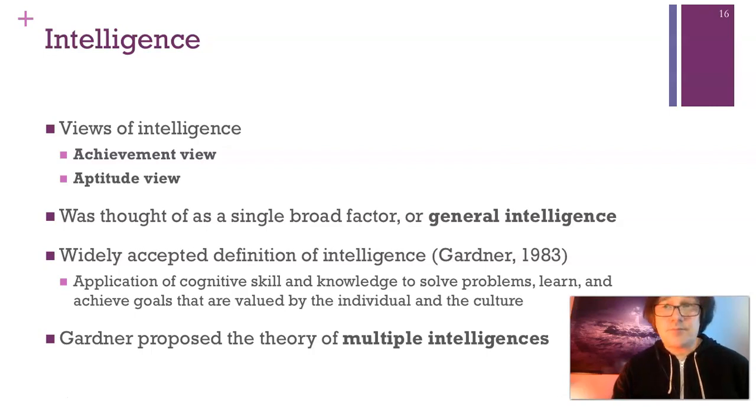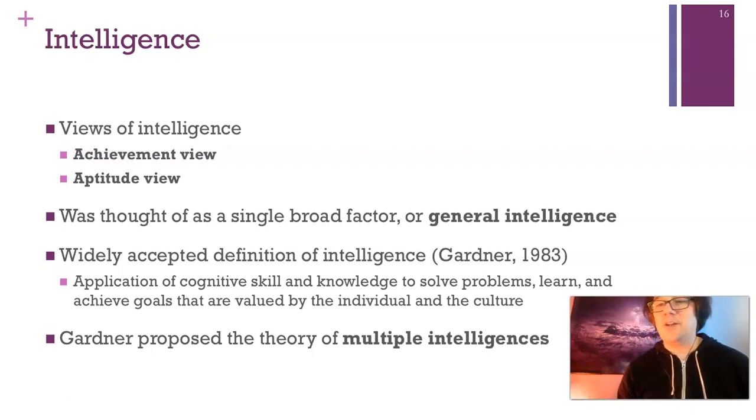He also mentions musical intelligence. So, those of you who play an instrument, or rather those who can't play an instrument, we probably understand that concept pretty well. Gardner's theory of multiple intelligences is not without its own criticism, right?